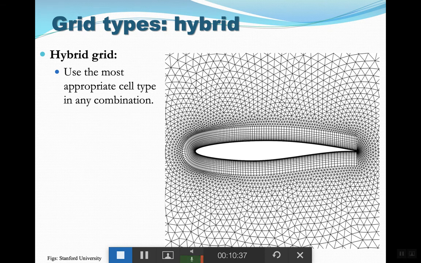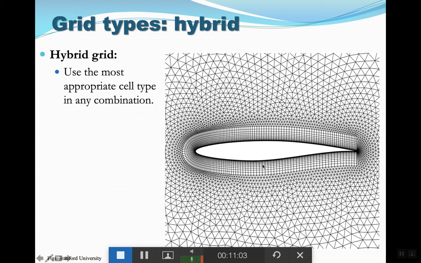A more desired type of mesh, which is not a new type, is a hybrid of the two, which combines the accuracy of a structured grid with the flexibility of unstructured. It's called hybrid grid. In a hybrid grid, wherever you can, you use structured, and wherever you can't or you don't care, you use unstructured.